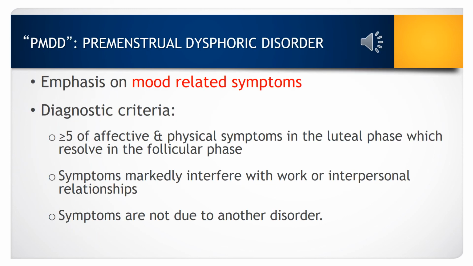Women may experience a disorder that exceeds the normal bloating or physical symptoms associated with PMS, and may be presenting with PMDD, premenstrual dysphoric disorder, which is a medical diagnosis that is billable, and these women have severe mood-related symptoms.